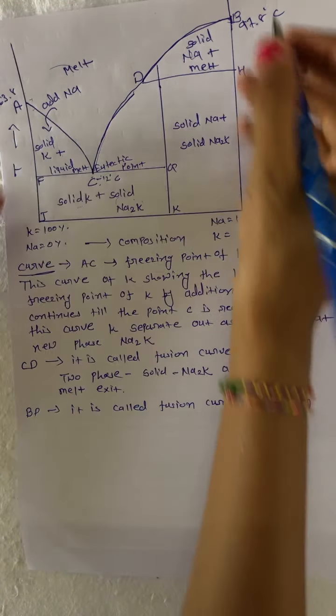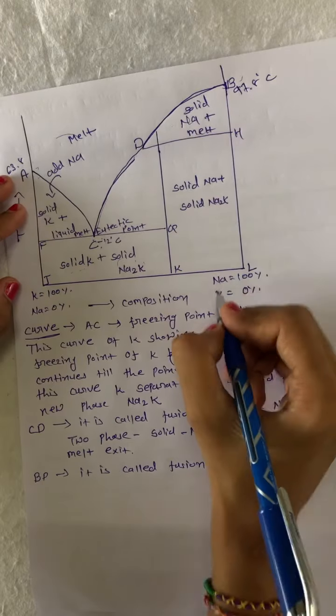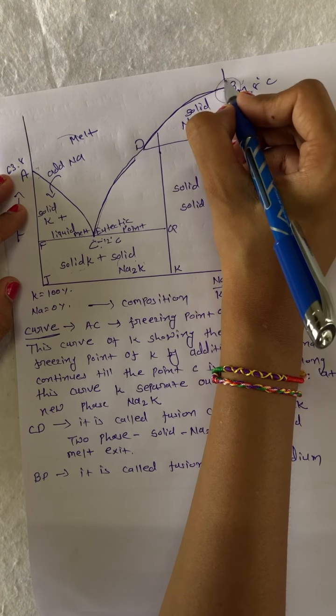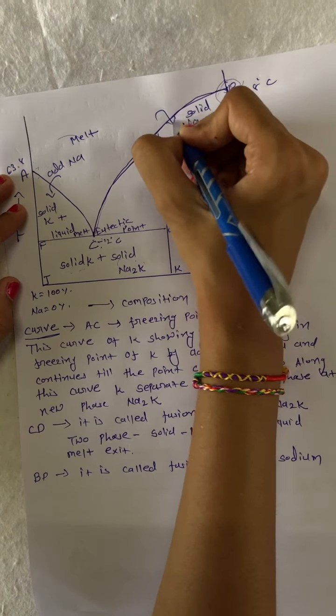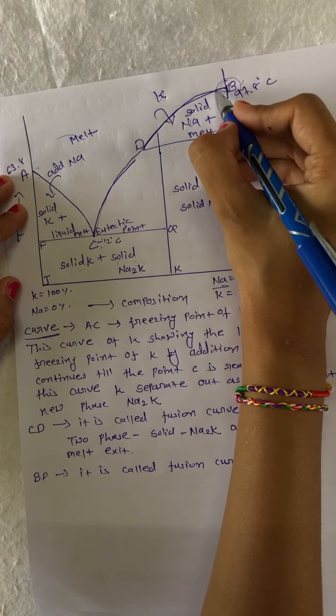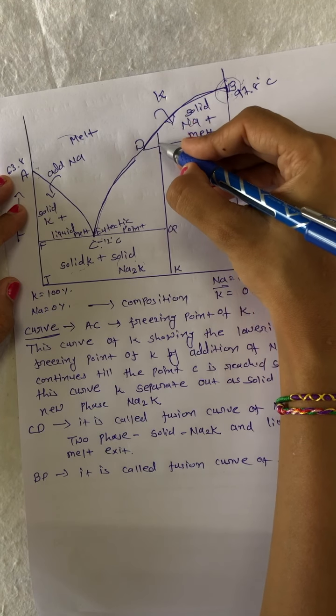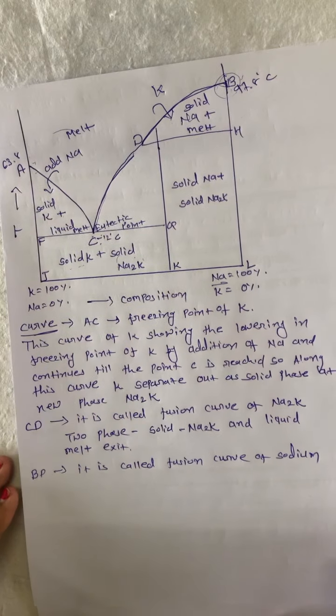So here only Na is present at the point B. If we add K, its freezing point gradually decreases till point D, right?